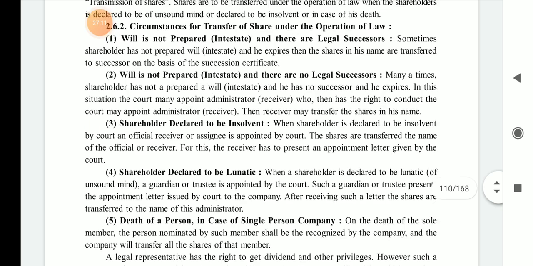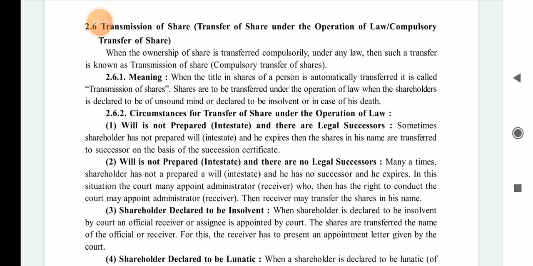Now in that case, the circumstances may be asked in a 2 or 3 mark question, and the meaning of share transmission is also asked in a 1 mark question.